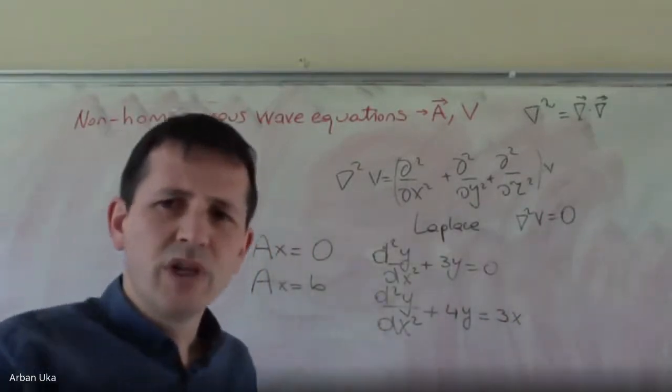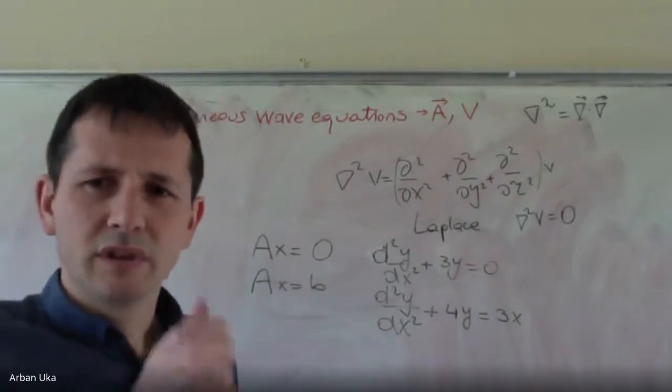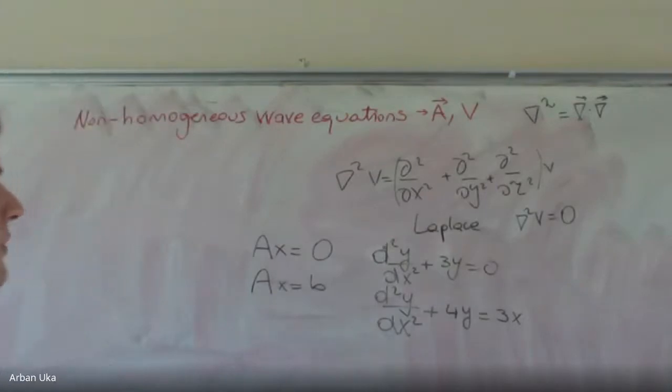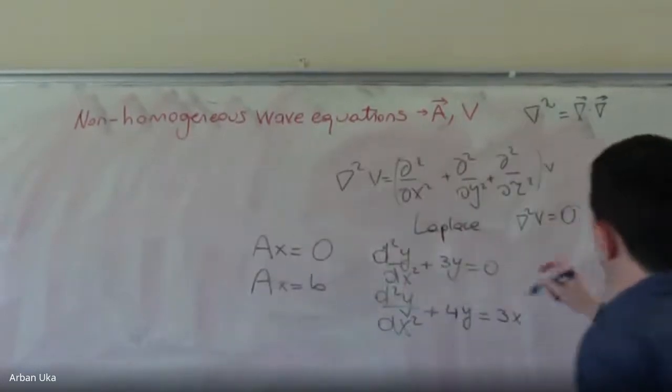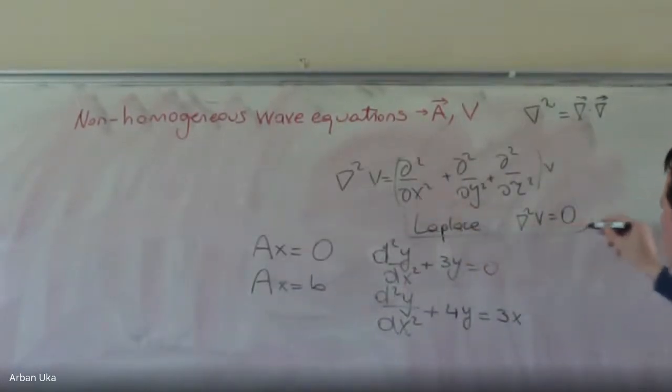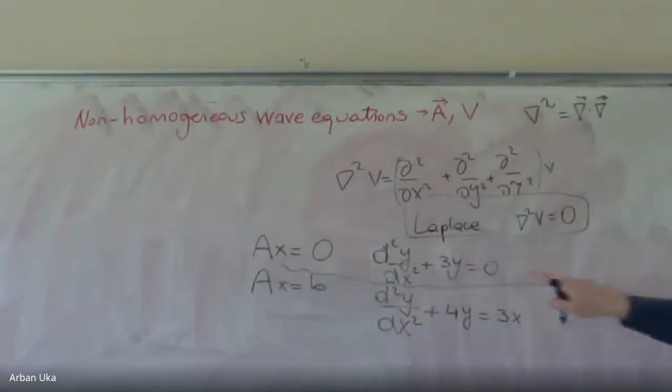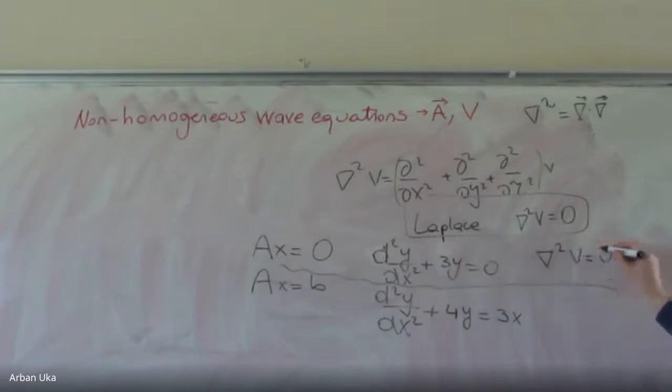And the non-homogeneous term is equivalent to having a source term, okay? So, when we talk about the source term, we know what that could be. So let's assume that the top part, the Laplace equation, is a homogeneous equation. So here we have another homogeneous equation, which is equal to 0.